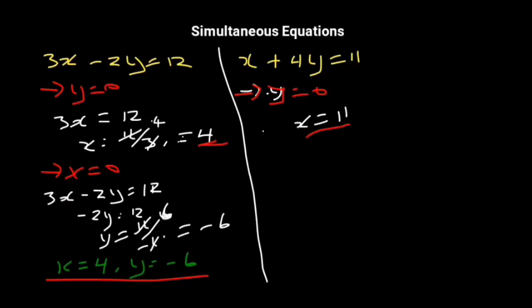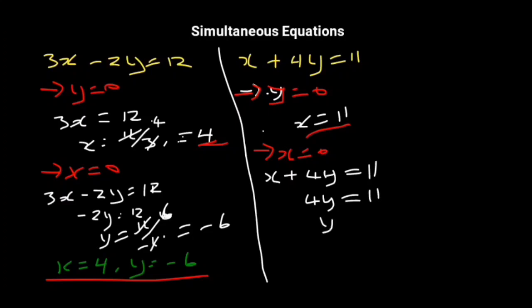Now we're going to equate our x to 0, simplifying that. So we're first going to rewrite our equation. We have x plus 4y is equal to 11. If x is equal to 0, then we'll have 4y is equal to 11. And then y would equal 11 divided by 4. So we're dividing everything by 4.